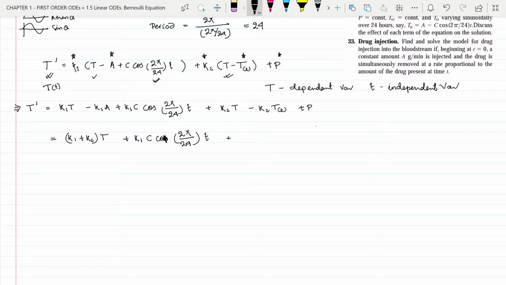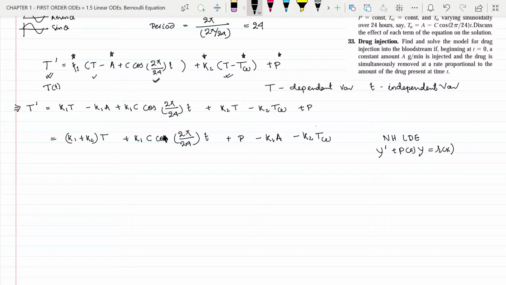Now let us keep the constant terms at the end. So this will be P minus K1A minus K2 T omega. Now this equation looks like a non-homogeneous linear differential equation of the form y dash plus p of x y equal to r of x.